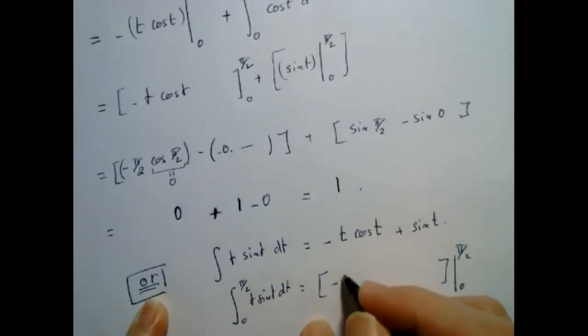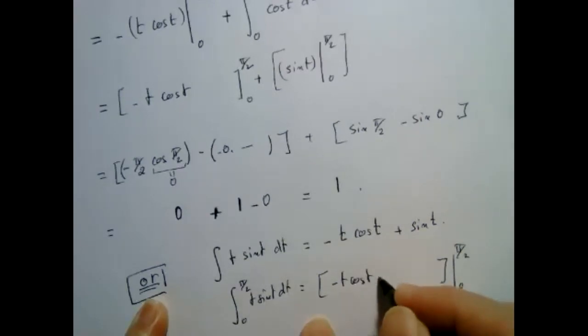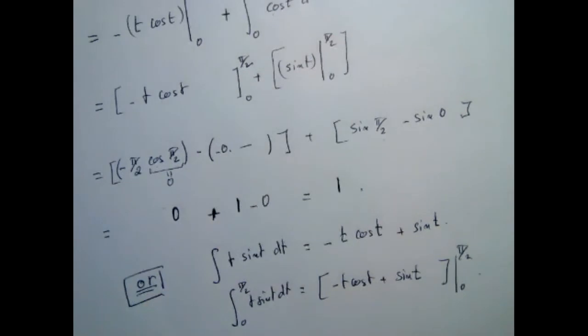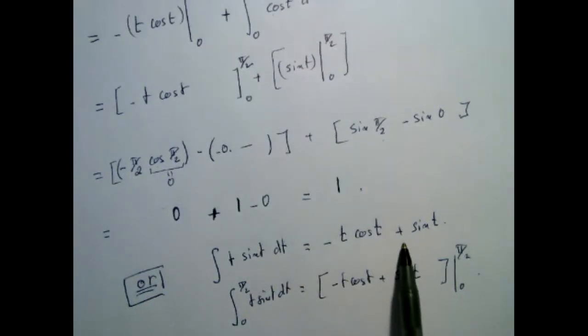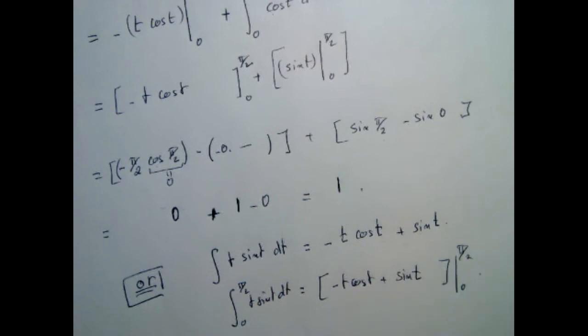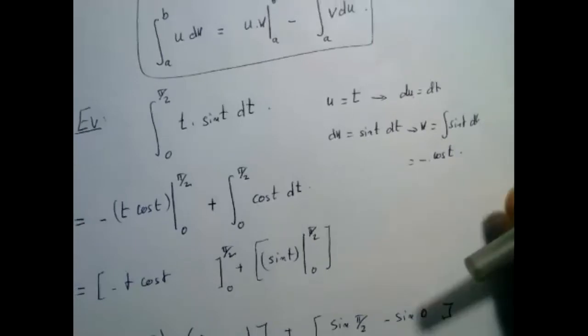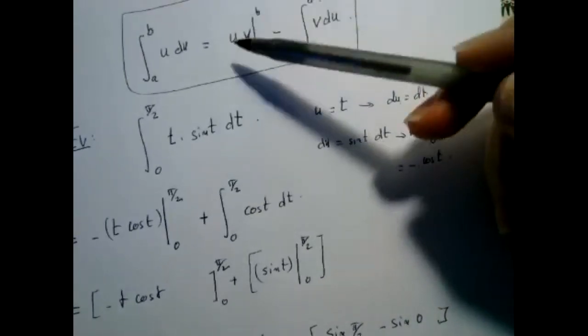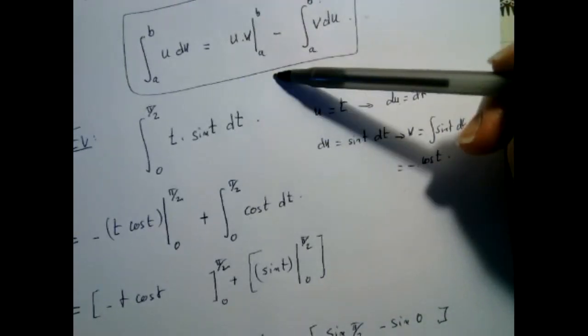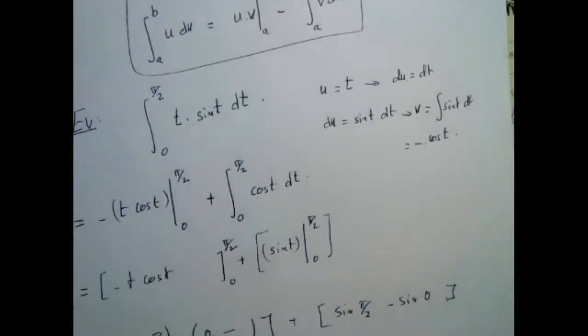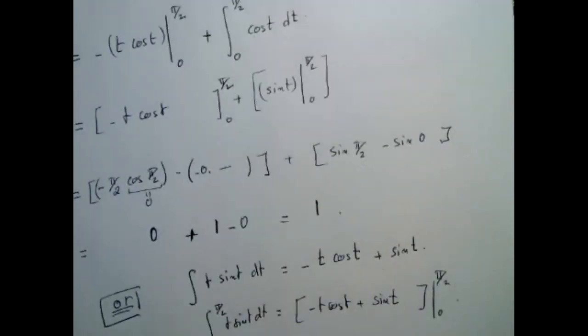So you can do the whole expression at once. So when you have a definite integral, either you find the antiderivative as usual and evaluate the whole thing between 0 and pi over 2, or you evaluate uv between a and b by itself, and then this piece by itself. It's exactly the same thing. You should be familiar with both.